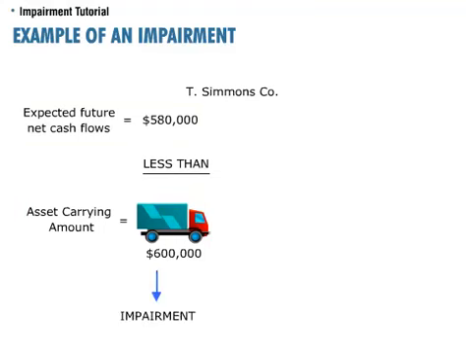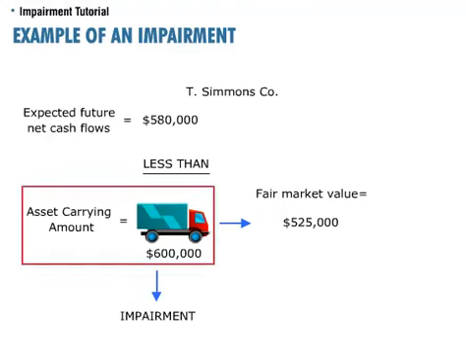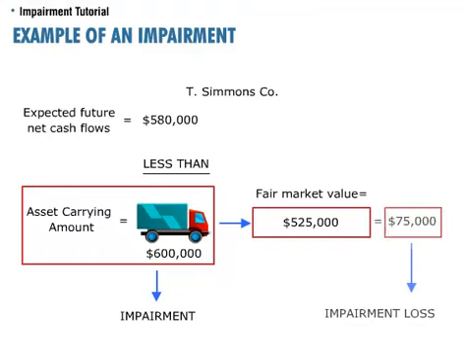Therefore, an impairment has occurred. The difference between the carrying amount of T. Simmons Company's asset and its fair value is the impairment loss. Let's assume this asset has a market value of $525,000. The impairment loss equals the $600,000 carrying amount less the $525,000 fair value, to equal $75,000.